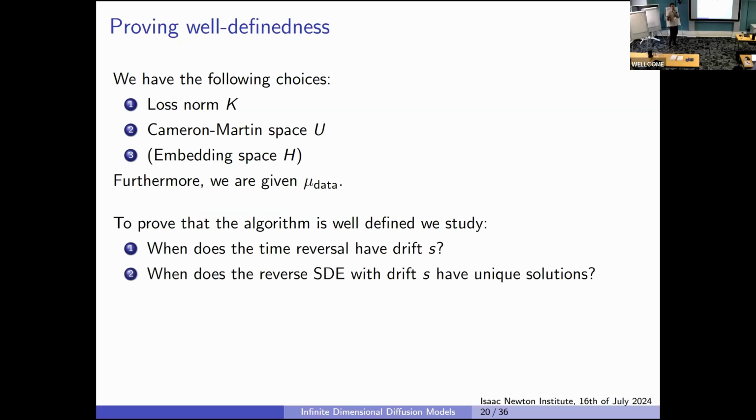Then the second thing, if we're simulating an SDE, we would like it to have unique solutions, or in our case, at least unique in law, to get actually the right samples. If there are multiple solutions to it, then simulating it, we are not so sure what we get.